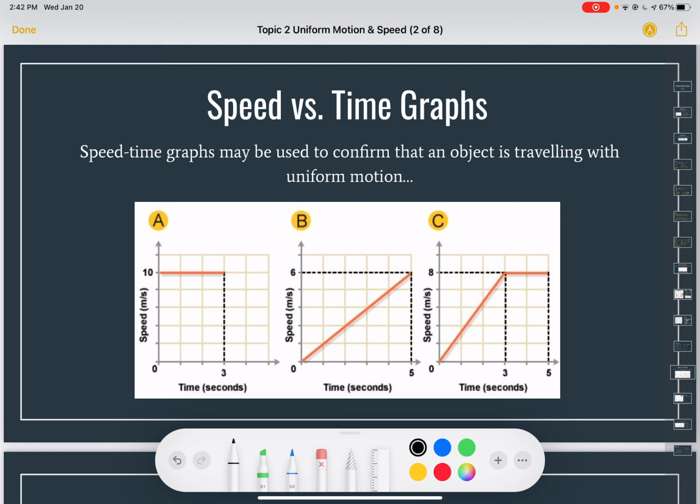All right, so speed versus time graphs. Speed time graphs may be used to confirm that an object is traveling in a uniform motion. So these are a bit different. We were doing distance time graphs where we had distance on the side and time here. Now we have speed over time. Okay, so that's like meters per second divided by seconds, right?